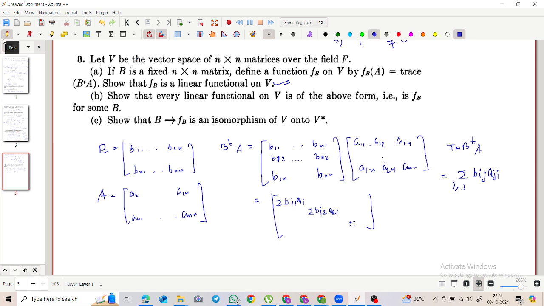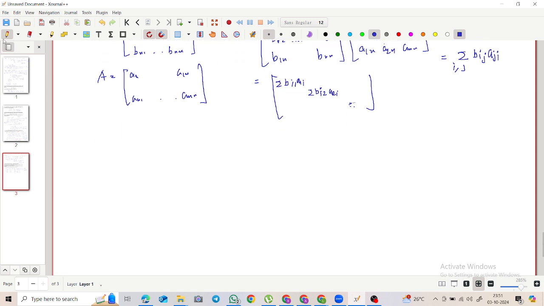Yes, I think what Subrita was saying, that any linear functional is of this form, right? I mean, if E_ij is a basis of M_n cross n, call it beta. What is beta star, Subrita?